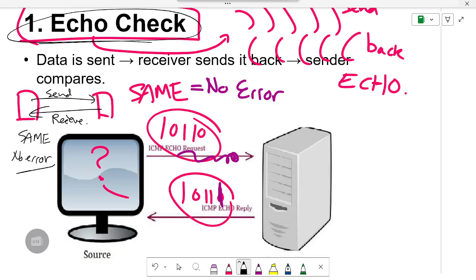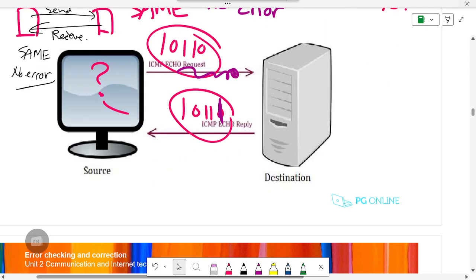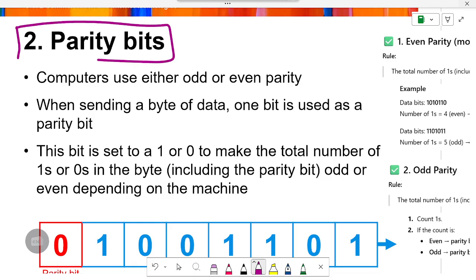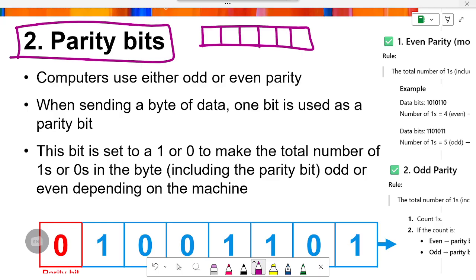Okay, number 2. Can I go to number 2? The second idea is a little bit more complicated. We have a little bit of math. It's called parity bits. Now, in this idea, if I send 8 bits, for example, I'm going to have some extra data at the front.